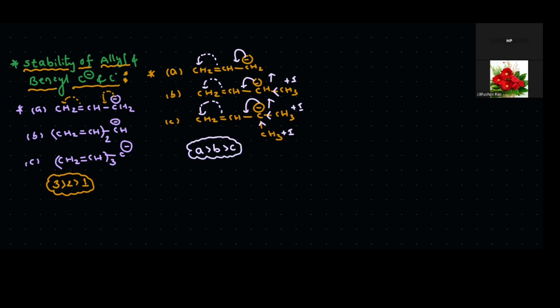Similarly, we will discuss another condition. Another example: if a benzyl carbanion is involved in the reaction. These were the allylic conditions; next one is the benzyl carbanion, CH2 minus. Two groups.